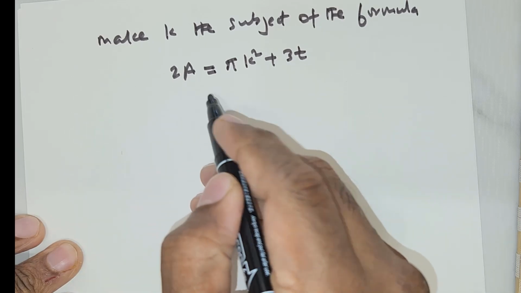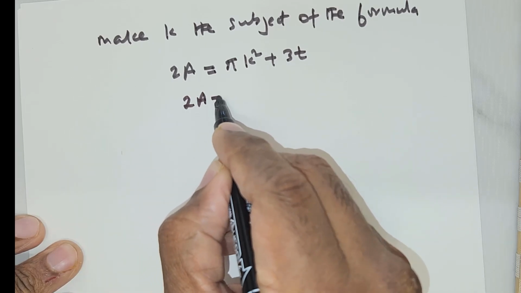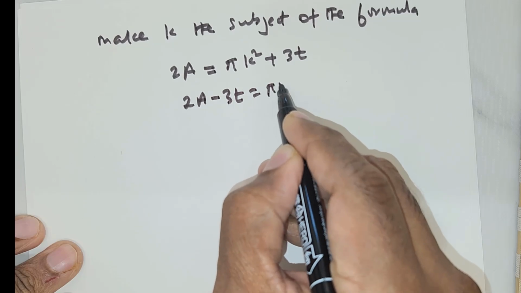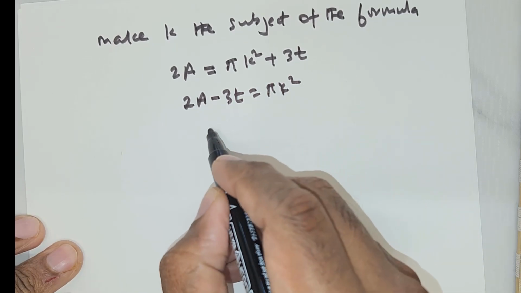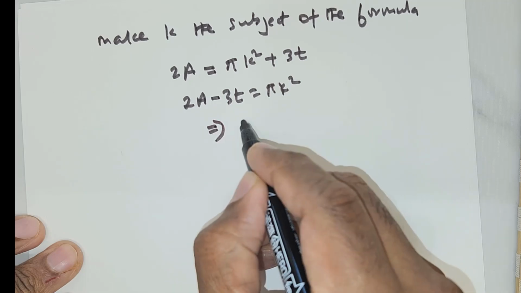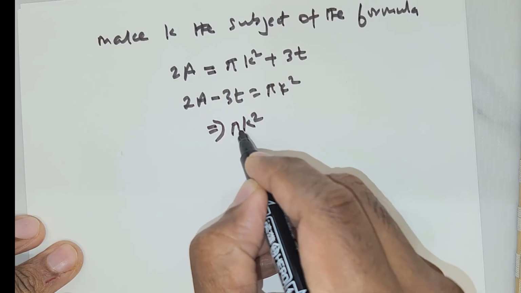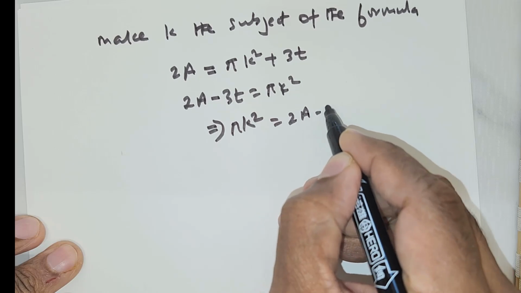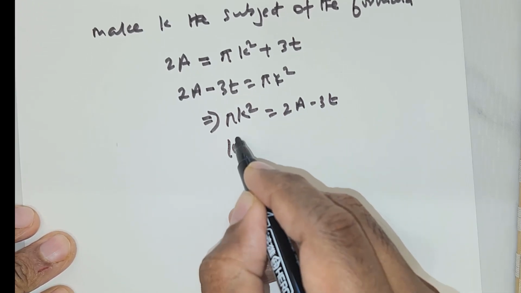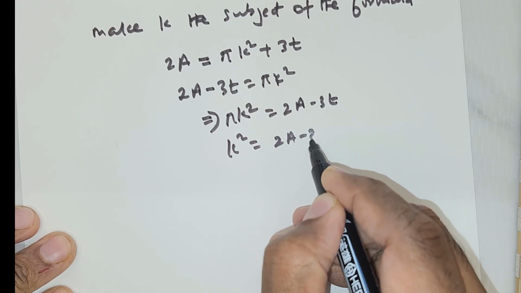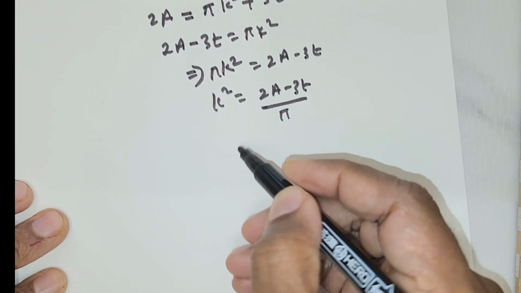Now move everything to the other side. So it's going to be 2a minus 3t is equal to pi times k squared. So you can first rewrite this as pi times k squared is equal to 2a minus 3t. Next you divide by pi, so this is going to be k squared is equal to (2a minus 3t) divided by pi.